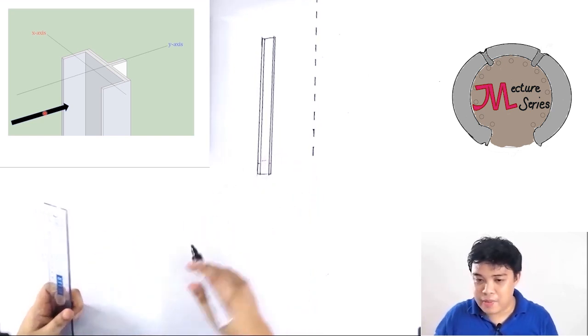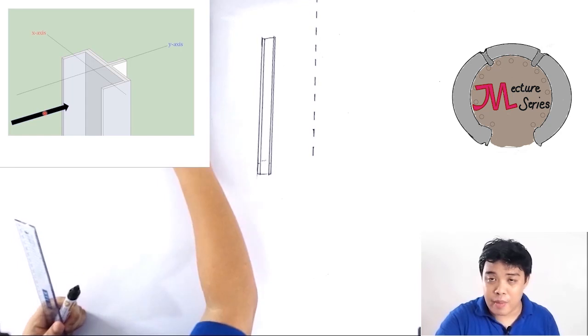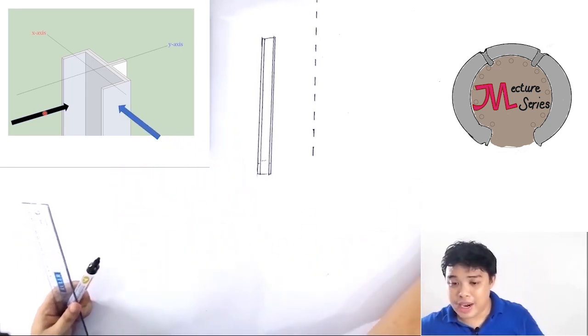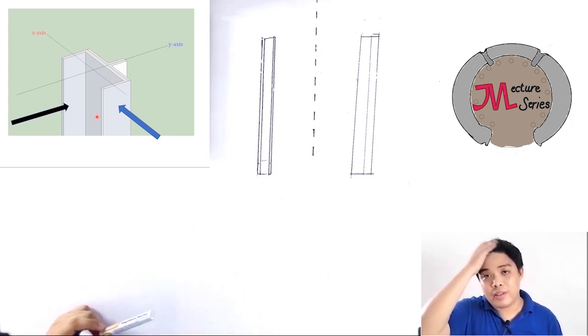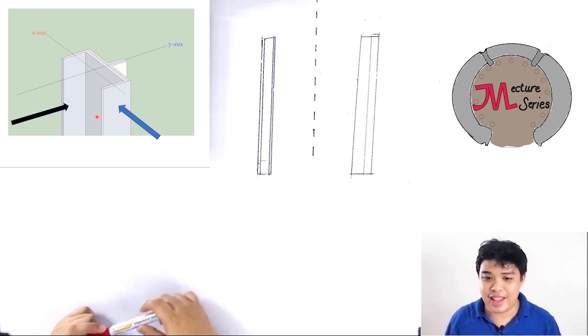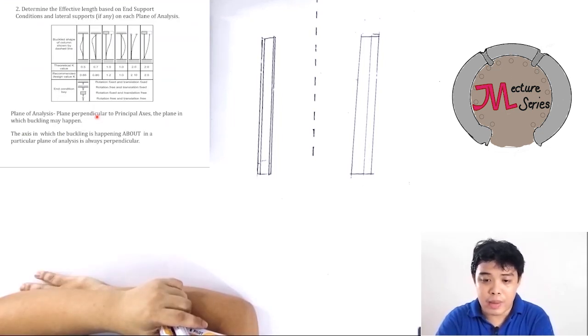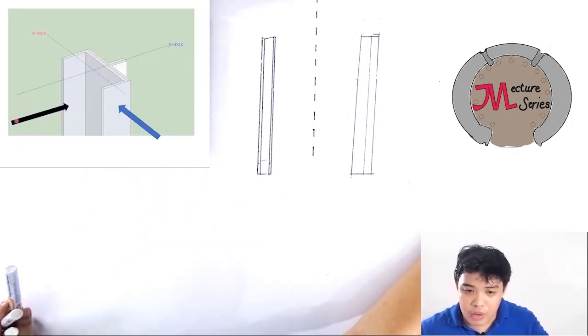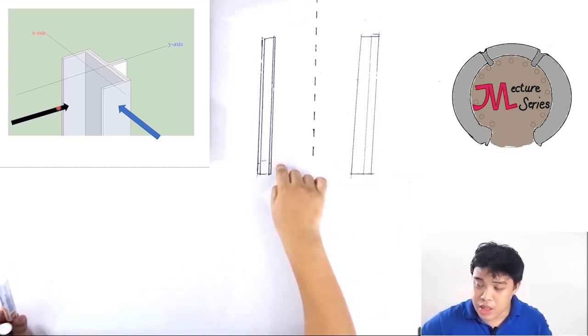This is the thin flanges of the channel. I'm going to show you also the plane if you're going to look in this direction. Our drawings are not drawn to scale, so please forgive me for my not so good drawing about this. The axis about which the buckling is happening in a particular plane of analysis is always perpendicular. What does it mean? Say, for example, if you are looking in this direction, you will see this one.